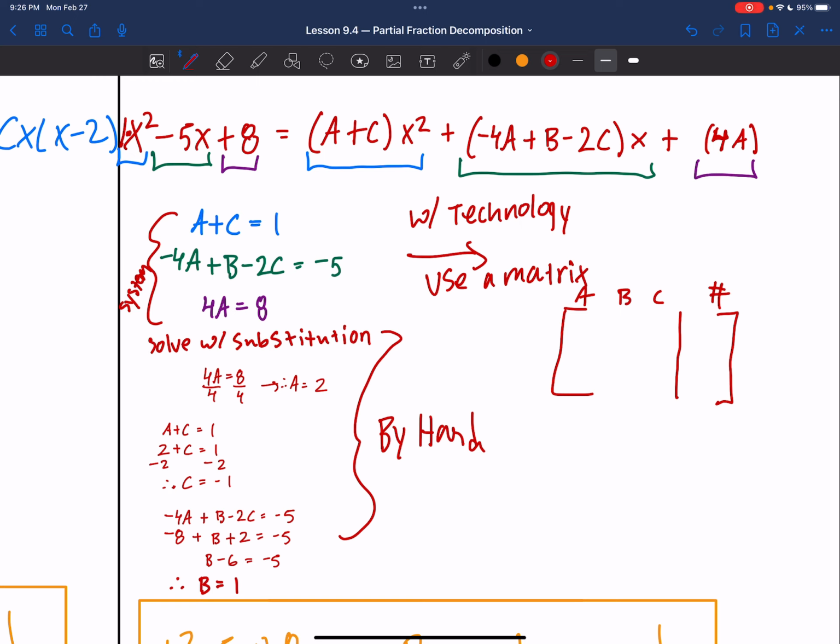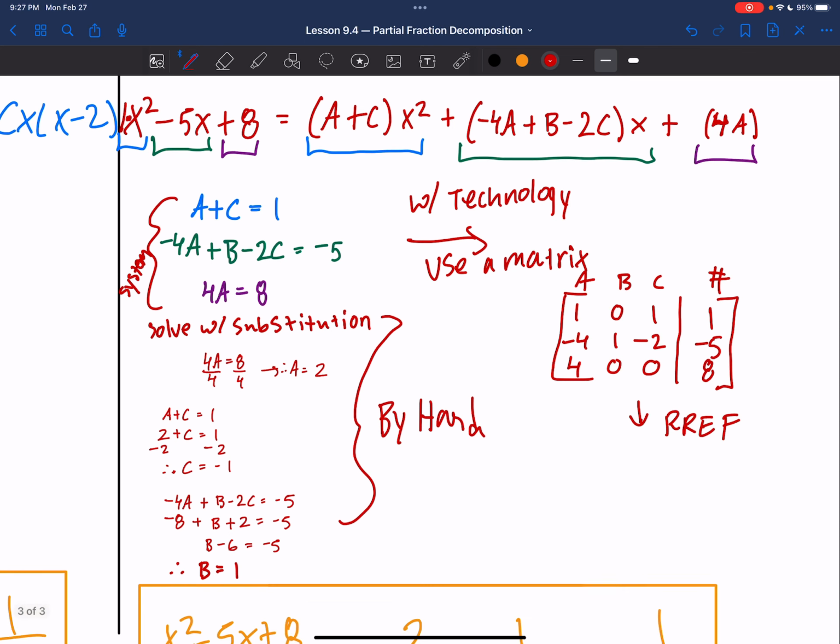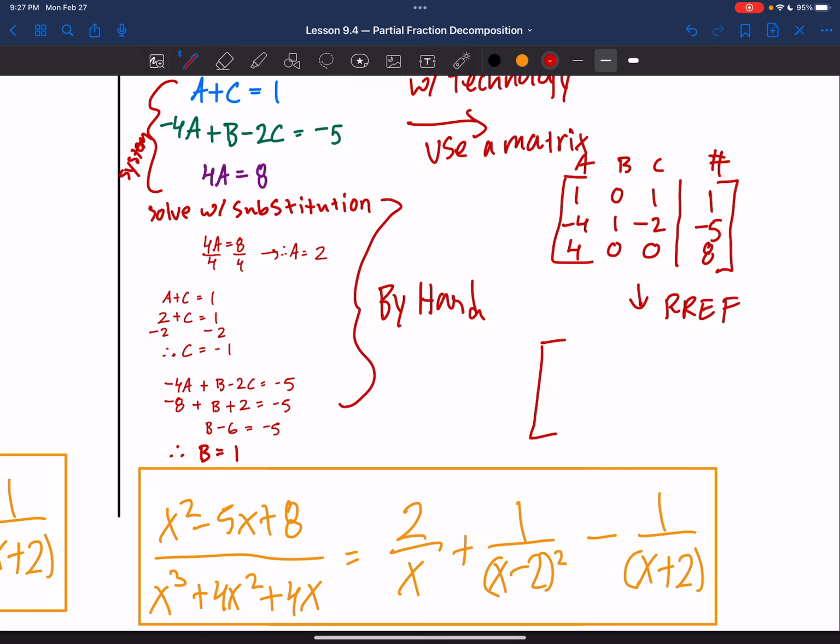The first row is the coefficients 1, 0, 1, 1. Then negative 4, 1, negative 2, negative 5, and 4, 0, 0, 8. If you do RREF in your calculator, you'll find 1, 0, 0, 0, 1, 0, 0, 0, 1, and you'll get the same answer as we did, where A is 2, B is 1, and C is negative 1. So therefore, A equals 2, B equals 1, C equals negative 1.